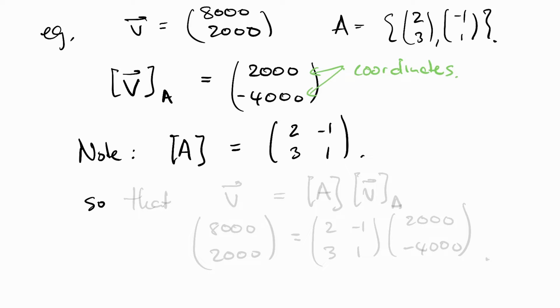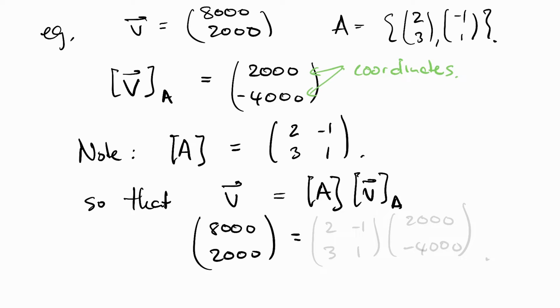So the reason that I introduced this notation is so that we can say this. The vector V is going to be the matrix A times the coordinate vector of V with respect to A. In this particular example, we can check that (8,000, 2,000) is the matrix with columns (2, 3) and (-1, 1) times (2,000, -4,000).